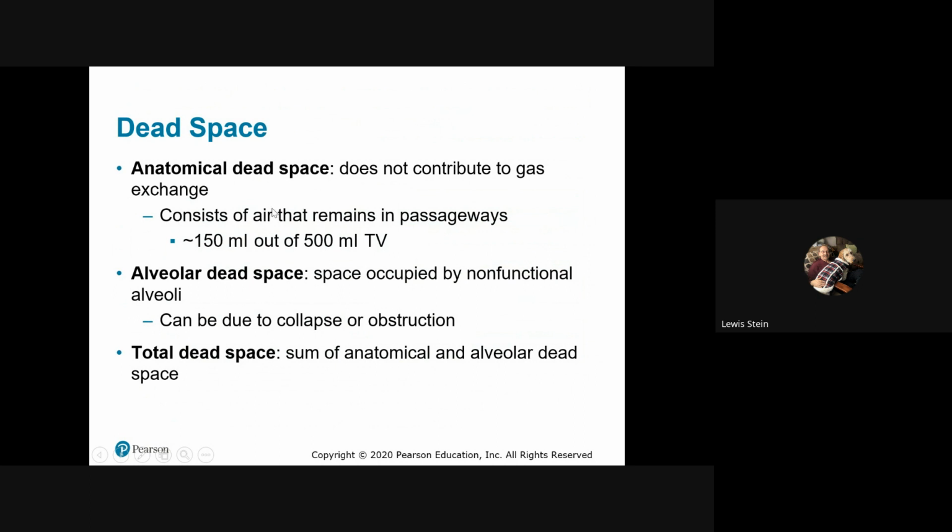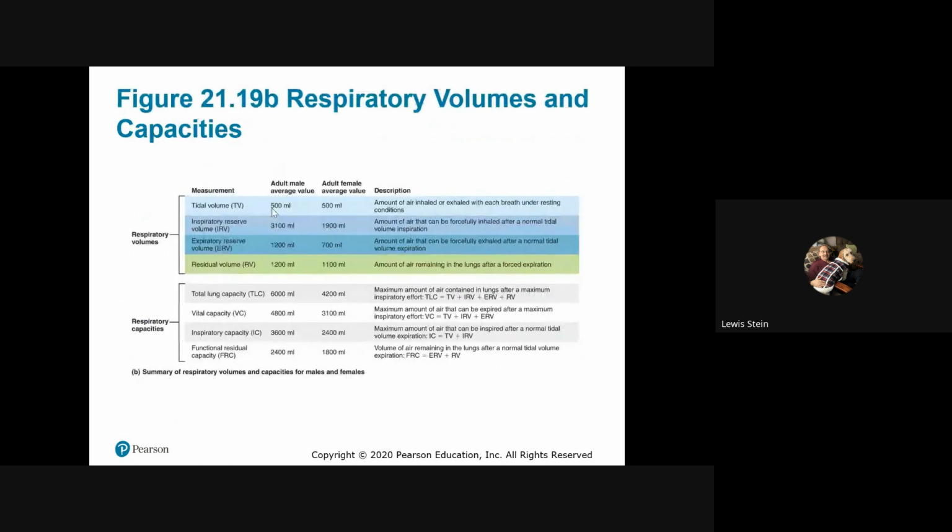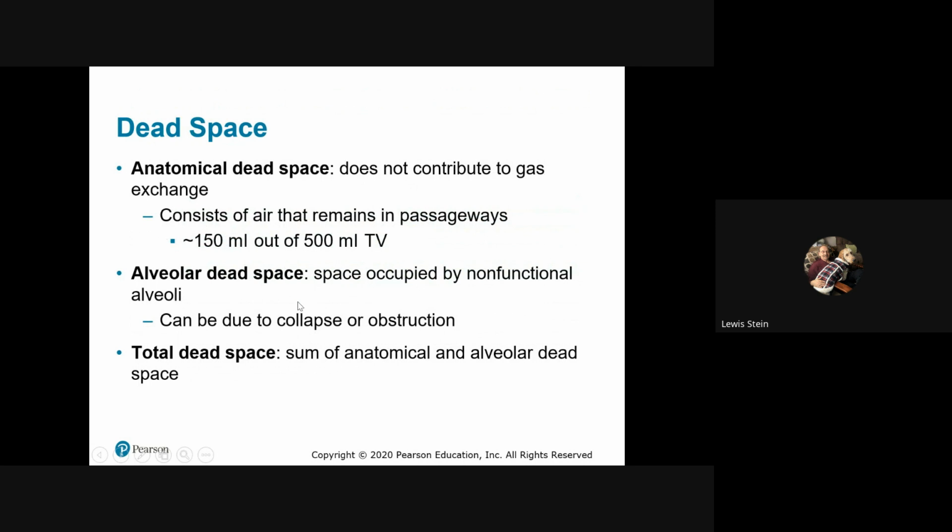So understand that even with normal breathing, there's a lot of air that's in there. We call that anatomical dead space. It's not being used. Now, that's part of this residual volume. So a small part of the residual volume is something we really appreciate with almost every breath, because it's really just air that's designed to keep the alveoli expanded, if you want to think of it that way.